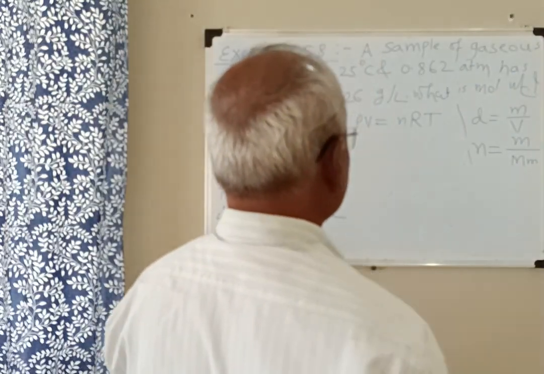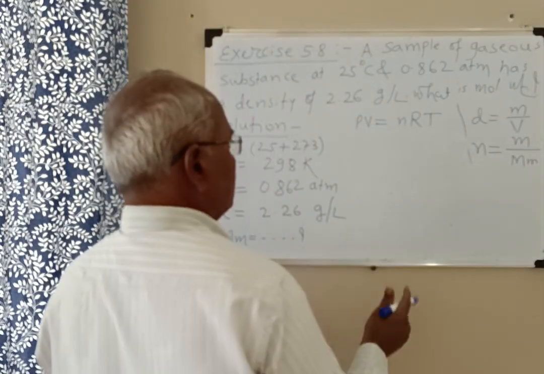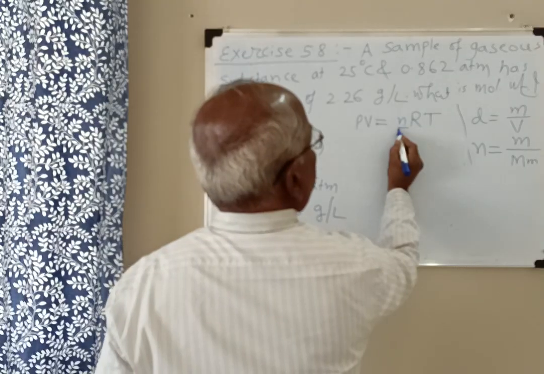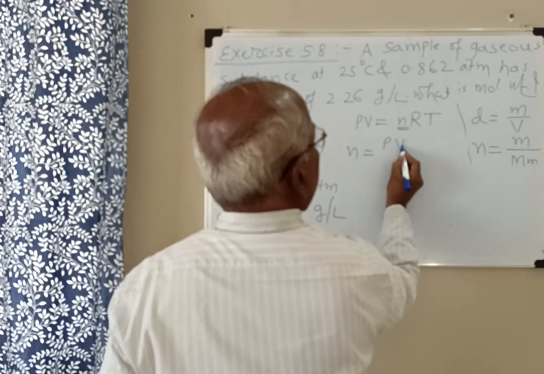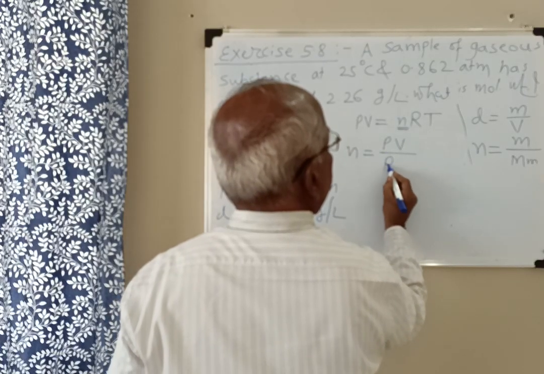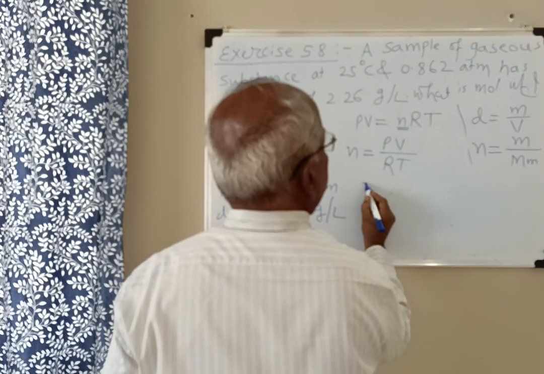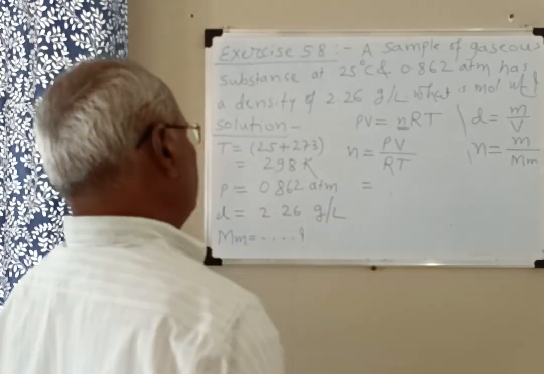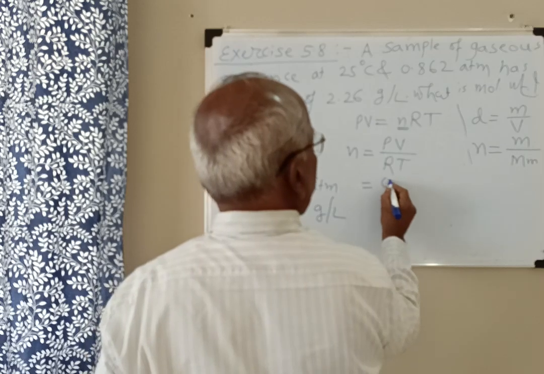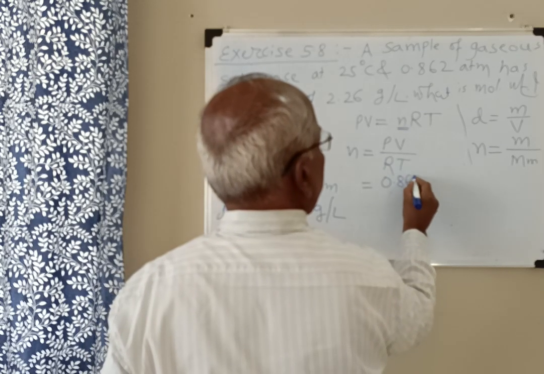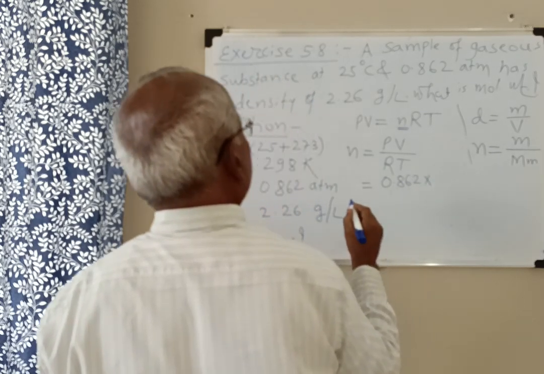Solve the equation for n. n is equal to PV upon RT, that is equal to pressure 0.862 into volume.